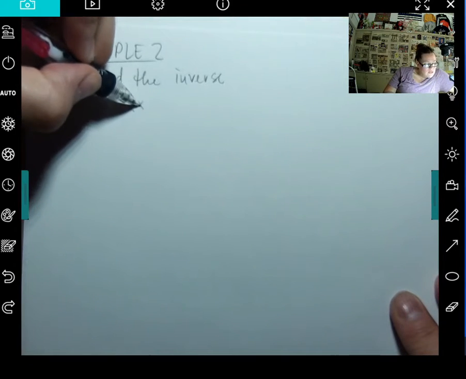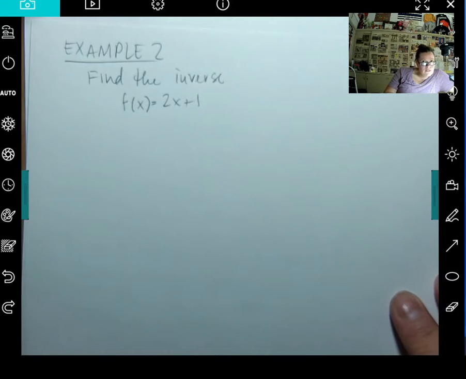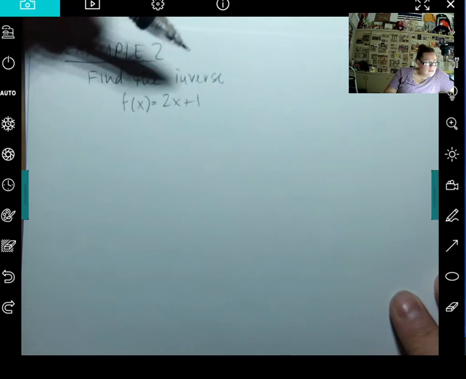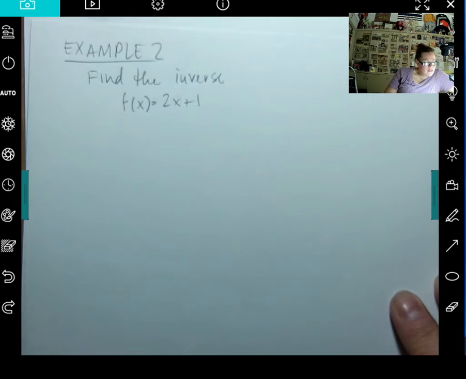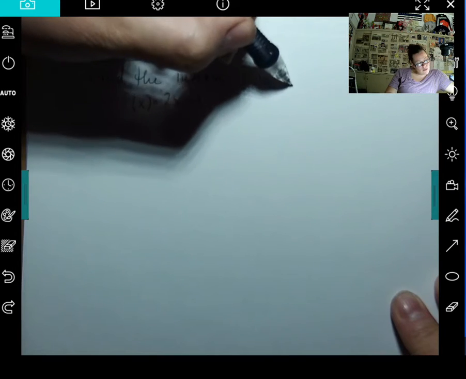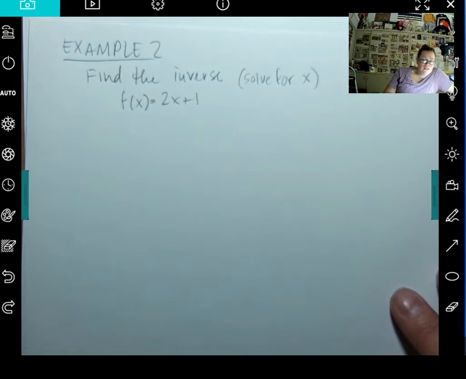So if I give you the function f of x equals 2x plus 1, it's a linear function, so it's not something super complicated. But to find the inverse, it just means that we're going to solve for x. All we want to do is solve for x.